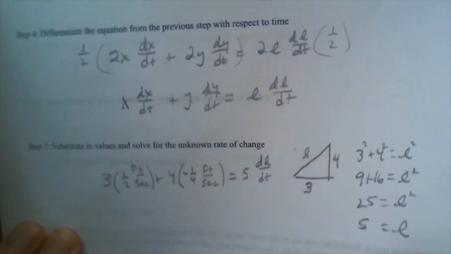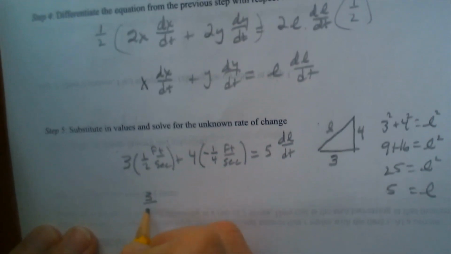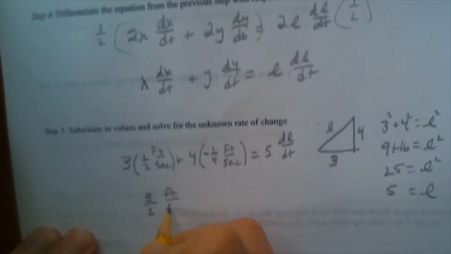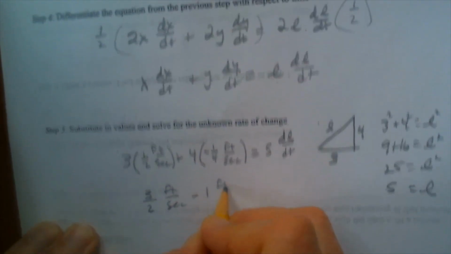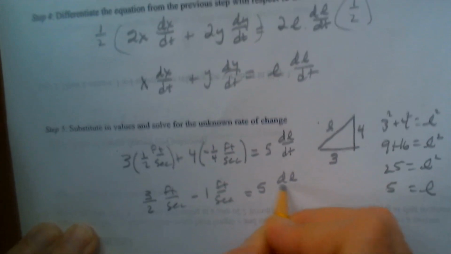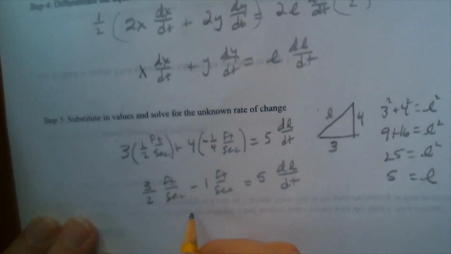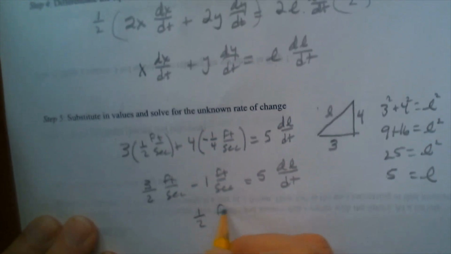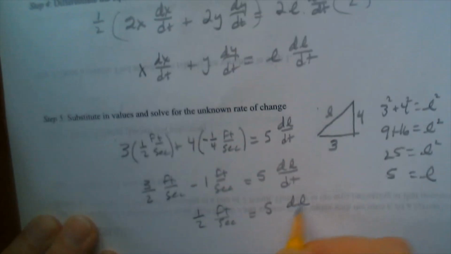So now we just solve for dL dt. 3 times 1/2 is 3/2 feet per second, minus 4 times 1/4 is 1 foot per second, is equal to 5 dL dt. 3/2 minus 1 is 1/2 feet per second, is equal to 5 dL dt.